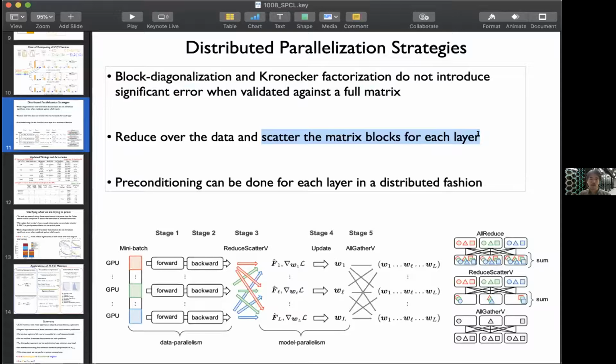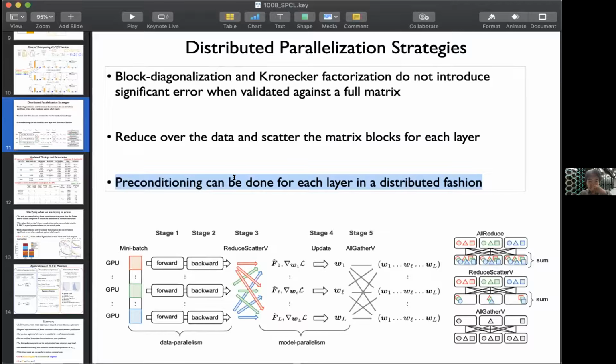It's not actually model parallelism because it's not the parameters that we're distributing. It's the matrix blocks that we're distributing, because that's the expensive part in our method. Because we can scatter that part and process it in a distributed fashion, we can do the factorization and the preconditioning using these matrices with each GPU handling one layer.